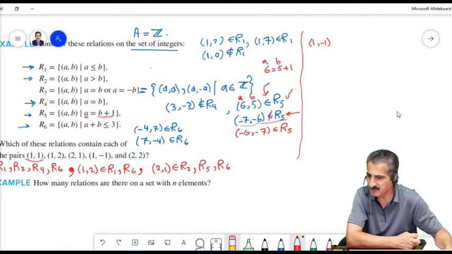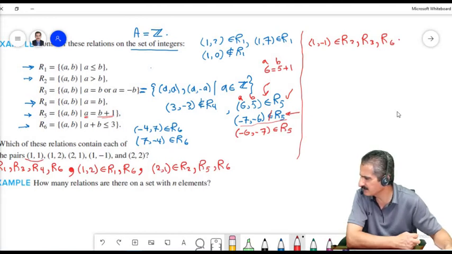But it belongs to R2 because 1 is greater than negative 1. It does not belong to R3 or R4, and it belongs to R5 because 1 equals negative 1 plus 2, but not to R6. If I made any mistake, please remind me. Okay, so we agree with the answer.